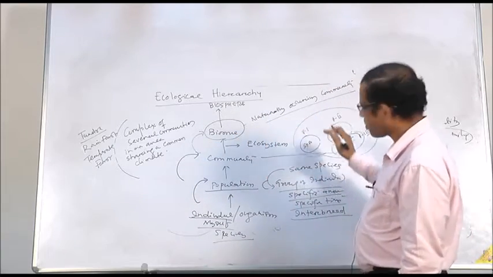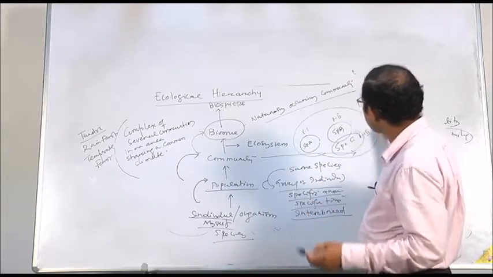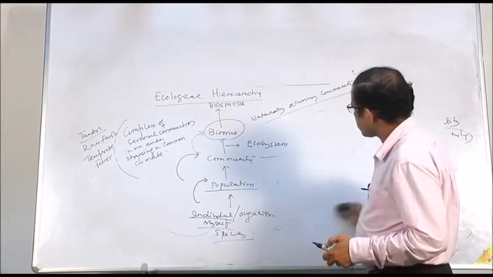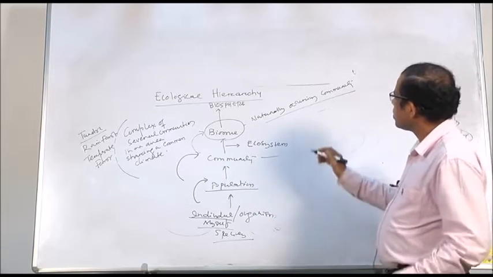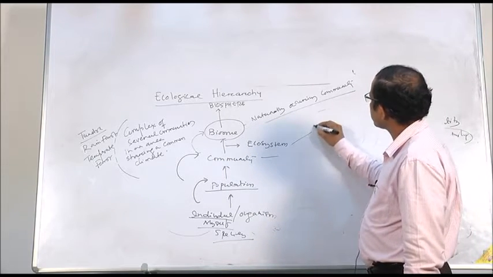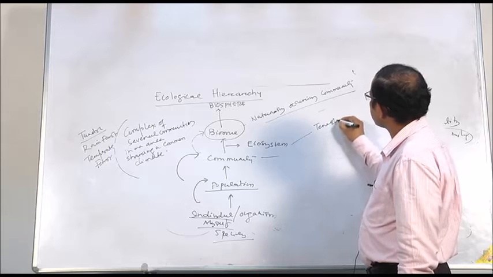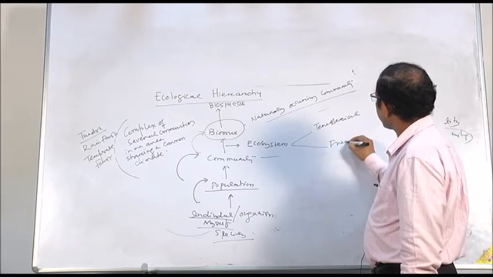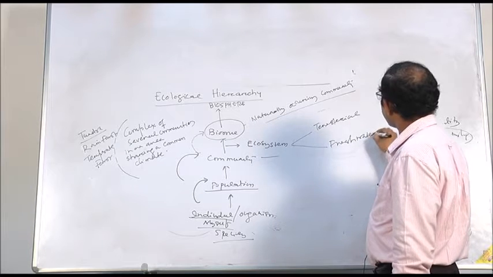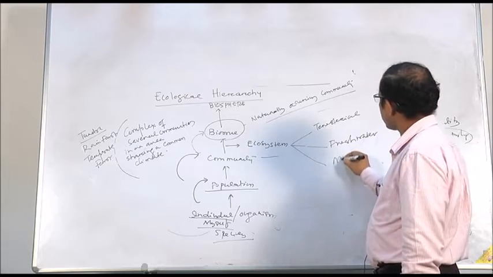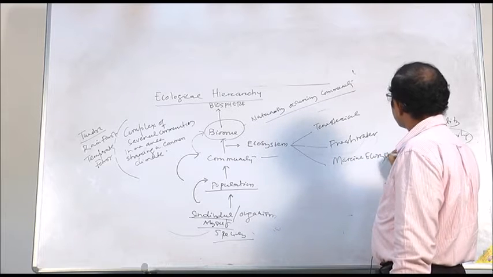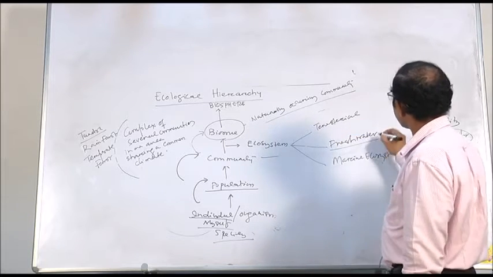Now, some examples of ecosystems will make this clear. Based on the type of ecosystem, someone can say it is a terrestrial ecosystem, another a freshwater ecosystem, another a marine ecosystem. I can take a pond or lake as a freshwater ecosystem.